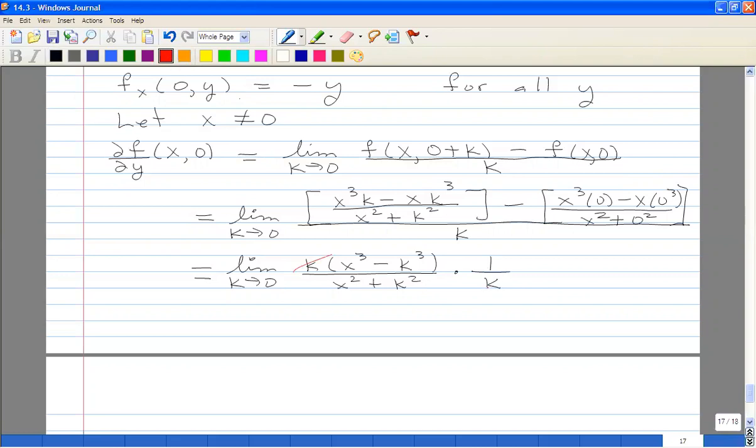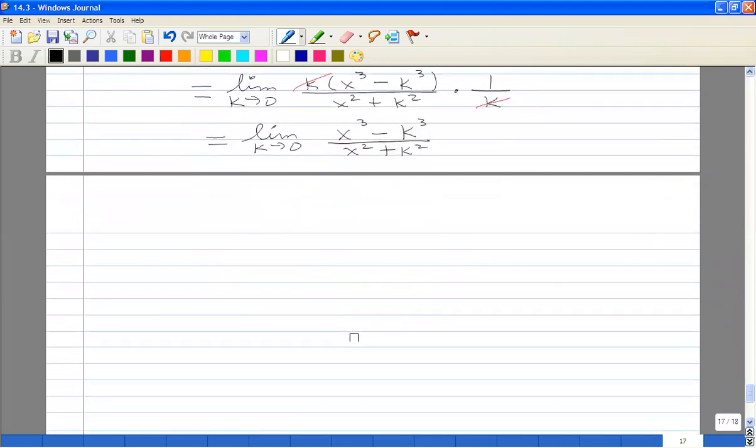The k's cancel. So you get the limit as k goes to 0 of x cubed minus k cubed over x squared plus k squared. Well, k is going to 0, so these last terms go to 0. So it's just x cubed over x squared, which is x.